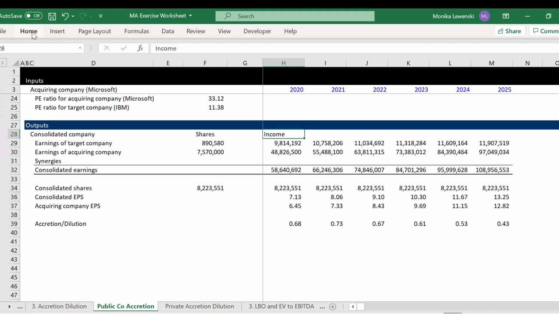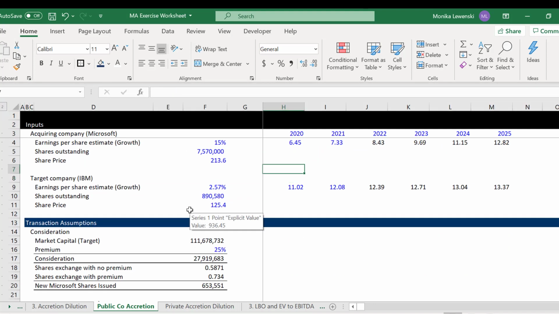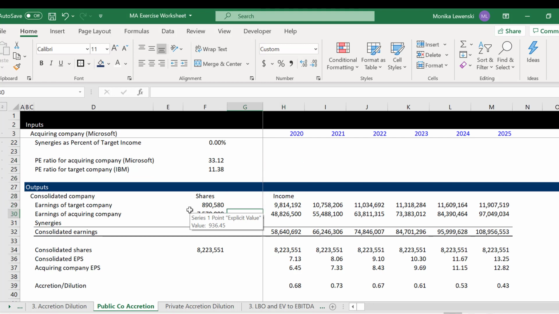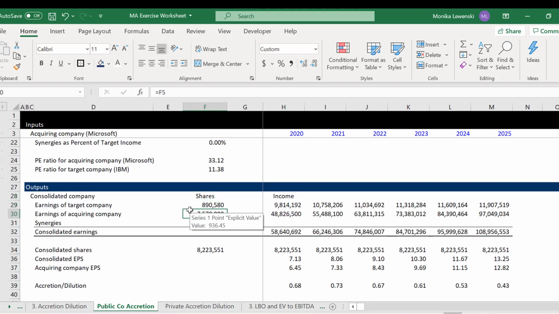This is purely income. Up here was the earnings per share. So all we do is take the target company and multiply shares times income. That's how much they get, and we do the same thing for our company, Microsoft. Then we have the consolidated income, the consolidated earnings.